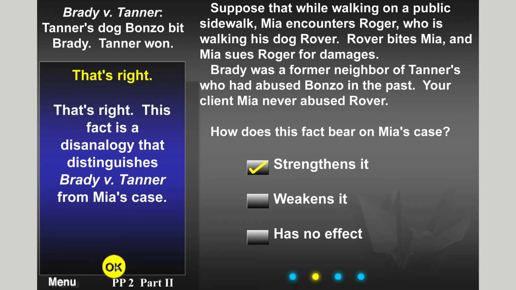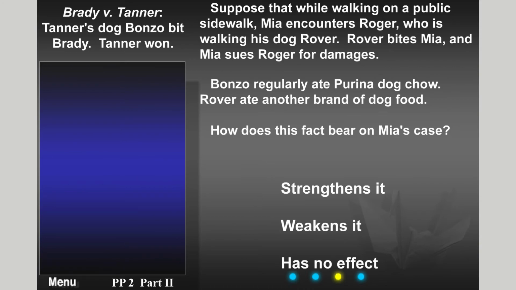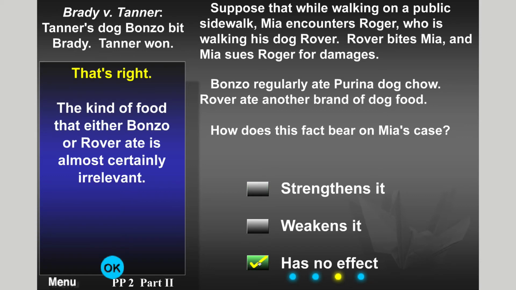Okay? So suppose that Bonzo regularly ate Purina dog chow. Rover ate another brand of dog food. How does the fact bear on Mia's case? I think it has no effect. Okay?